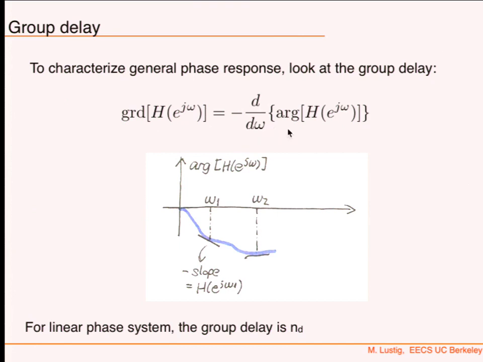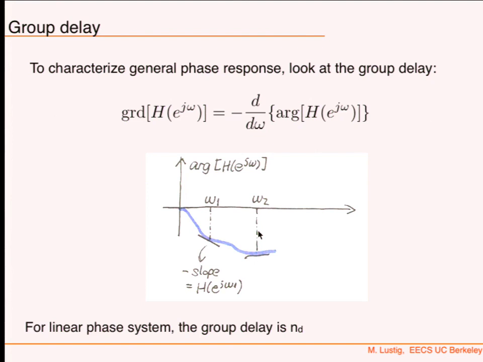If you take the derivative of this, if this is the phase response of a particular system, we can think of the derivative as what a narrowband pulse at that particular frequency will see. What kind of slope in the phase it is observing, and once it observes it, it's going to be delayed by that amount.